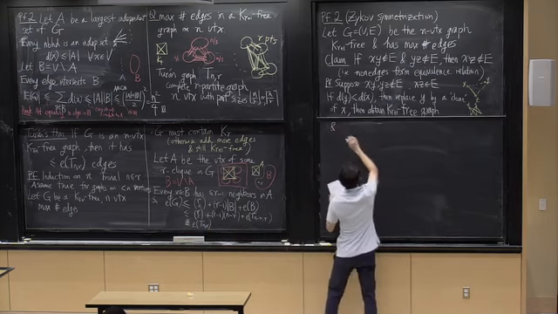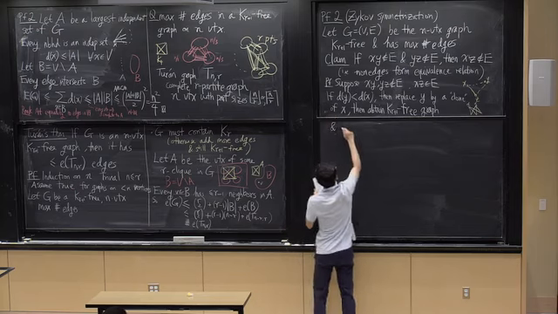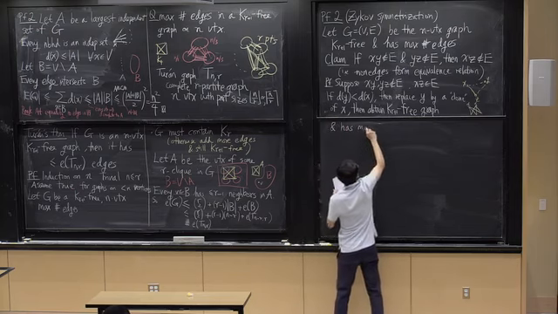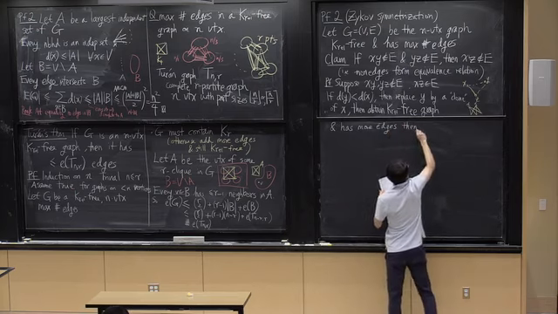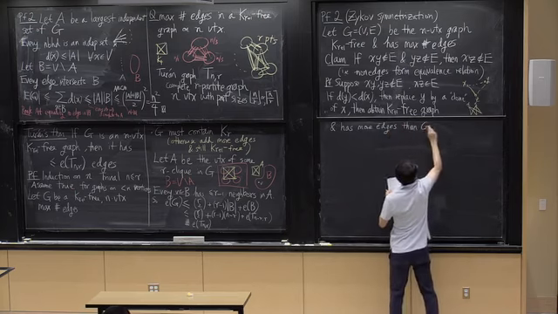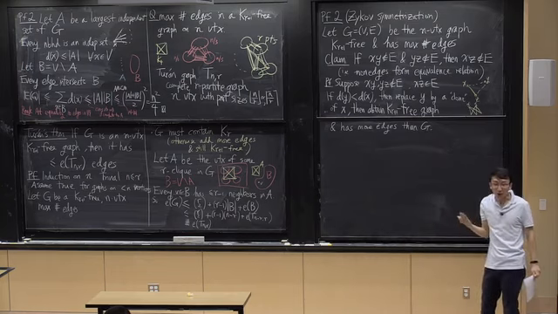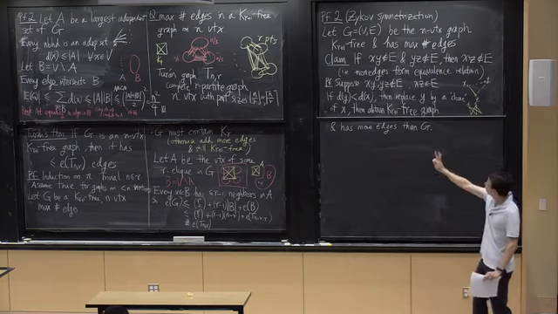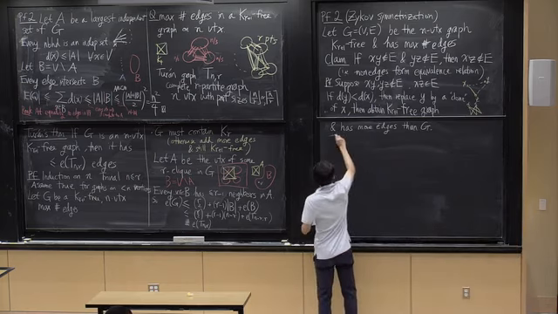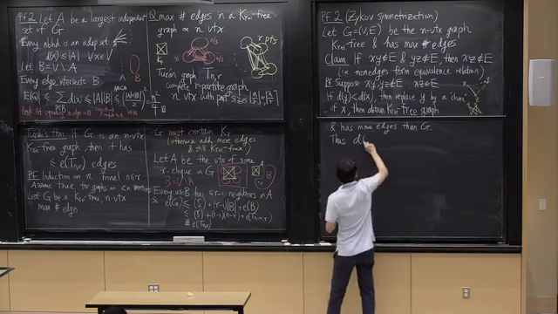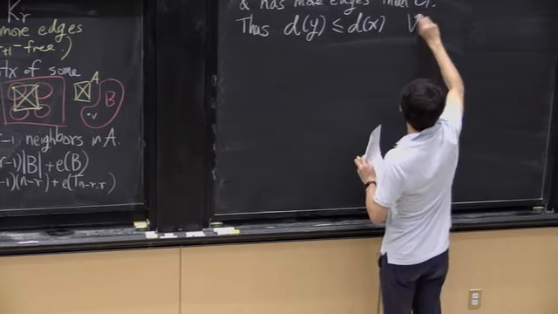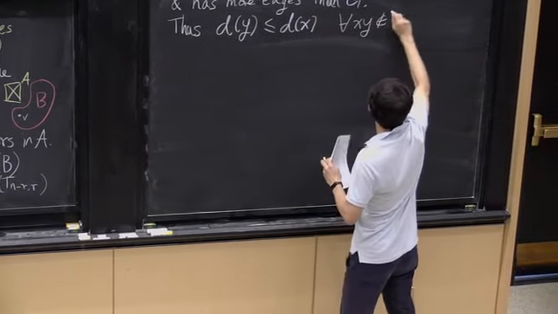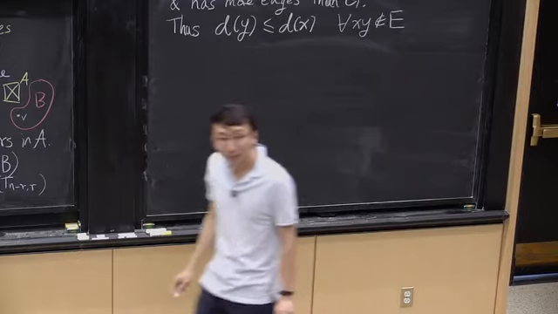We obtain a graph that is also K_{r+1}-free and has more edges than G, which is not possible because we assumed that G started with a maximum number of edges. Therefore, the degree of y is at least the degree of x, basically for every non-edge xy.